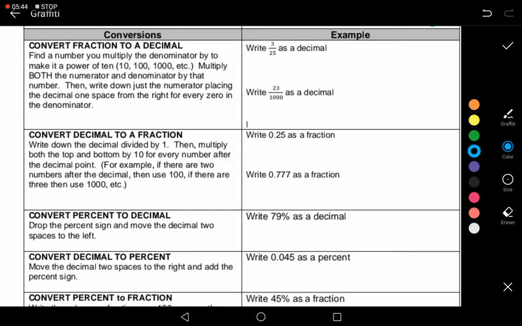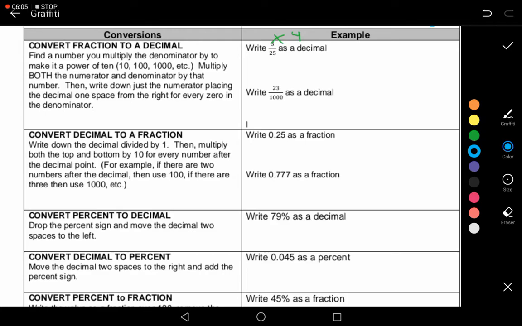Basically we need to figure out how to write 3 over 25 as a number over 100. I know that 25 times 4 gives me 100, so all I need to do is multiply this fraction by 4. That means I'm multiplying the numerator by 4 and the denominator by 4.